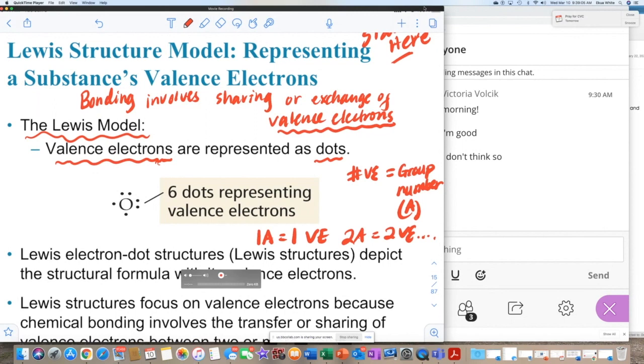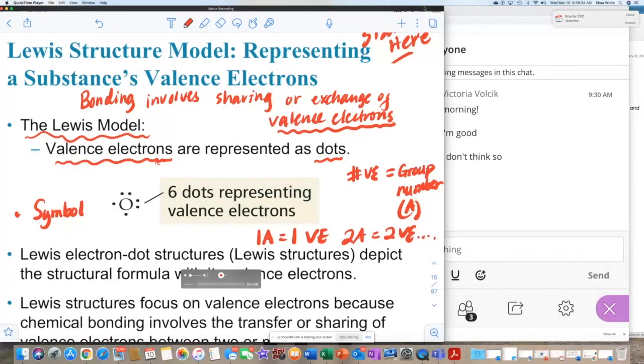Okay? So if you're asked to draw the Lewis model, or if you're asked to pick from an answer choice the Lewis model of an element, you will have the symbol of the element in the middle, and then you will have the valence electrons around shown as dots. Now, the order of drawing these dots around the symbol doesn't really matter. You can start from the left and then up.